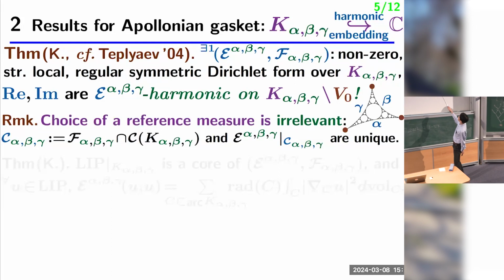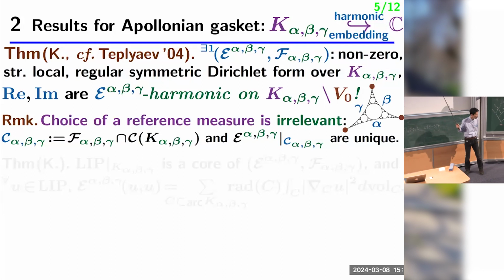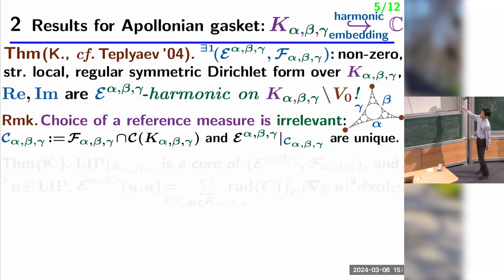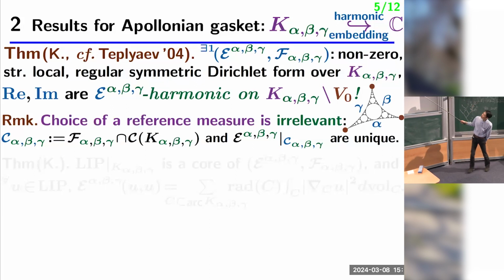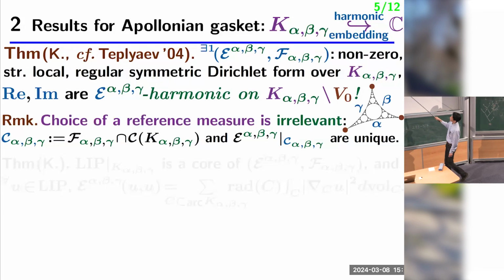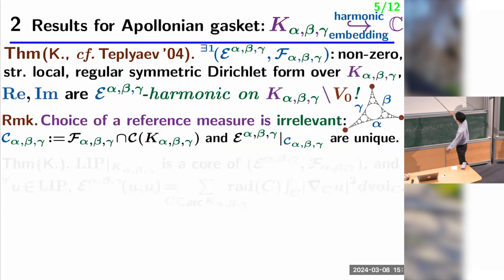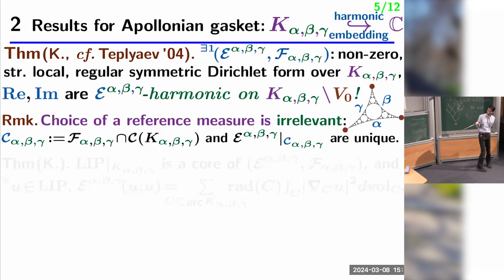No matter what Dirichlet form you choose, this property uniquely determines the core of the domain, meaning the domain intersected with the set of continuous functions, and the energy functional restricted to the functions in the core. Regardless of the choice of the measure, the subset of continuous functions and the energy on it are uniquely determined.